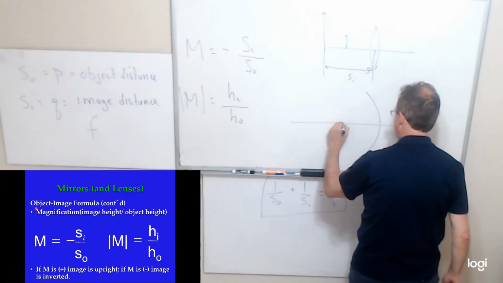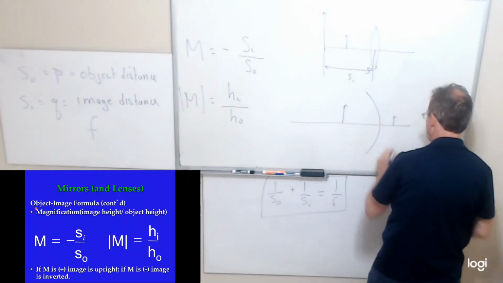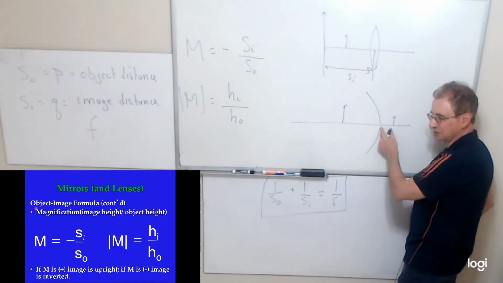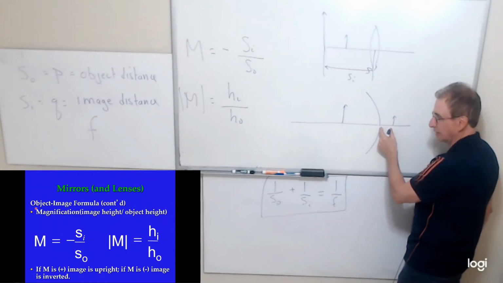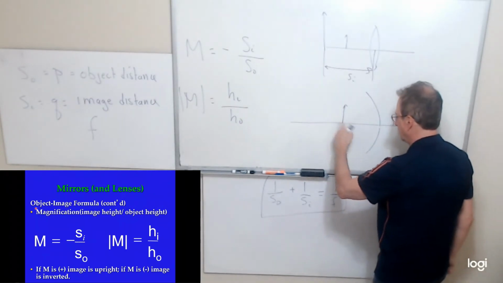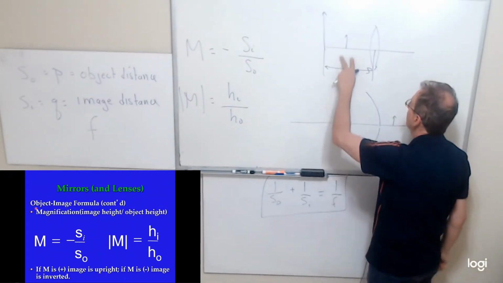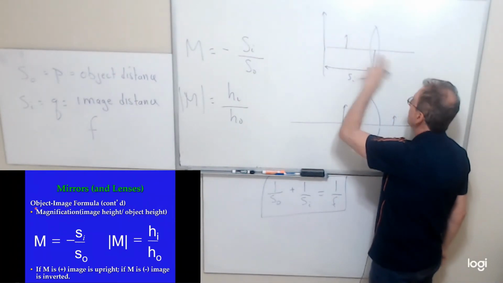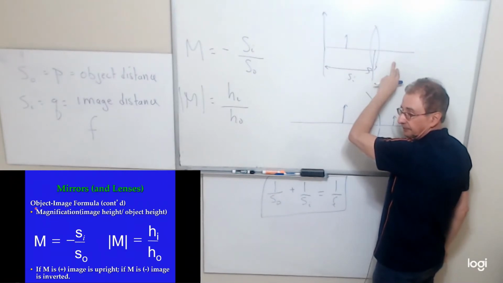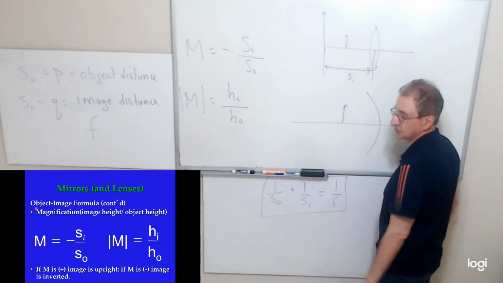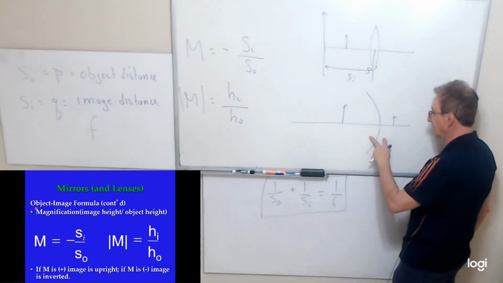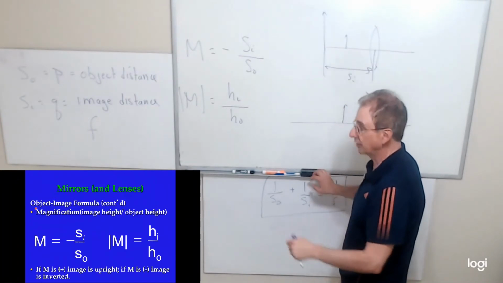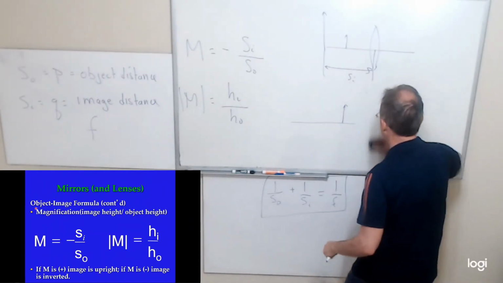If the object is here and the image is here, this is a negative number because this image is located on the wrong side. For a mirror, the real image has to be on the same side as the object. For a lens, the image has to be on the opposite side. If it's on the same side, the image is negative. Now, when you're using this equation, this is confusing.